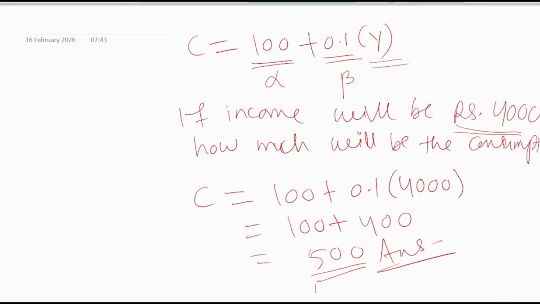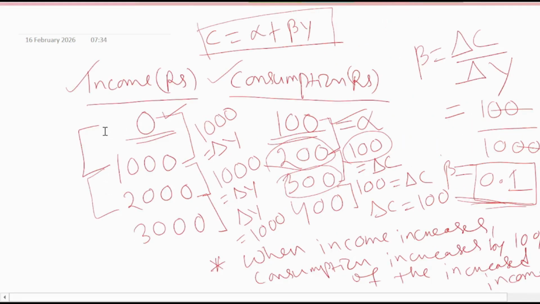In that previous example also, you see, by observing this series, as income increases from 0 to 1,000, 1,000 to 2,000, 2,000 to 3,000, the consumption is increasing from 100 to 200, 200 to 300, 300 to 400.